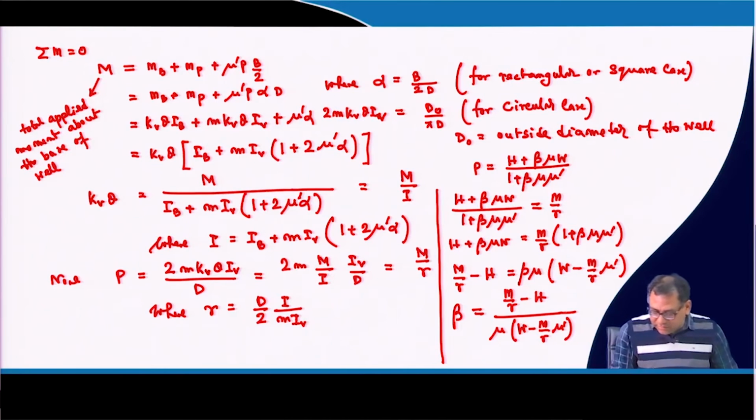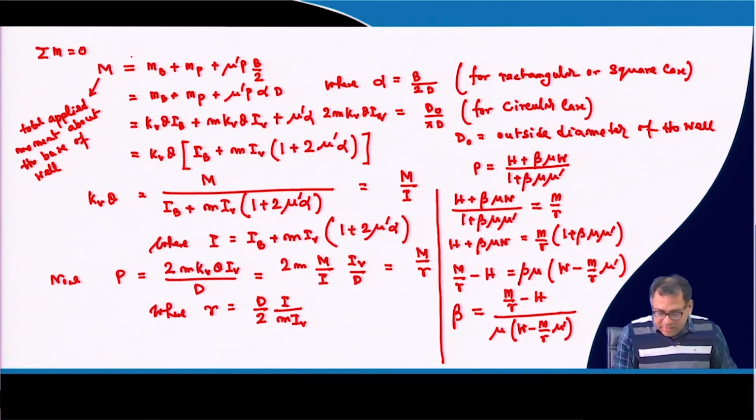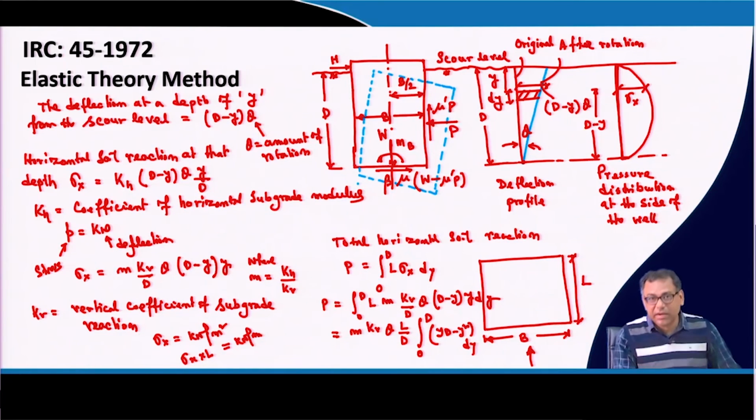Okay, so this is the expression of beta, but this expression is valid only if the beta value is in between this. As I have discussed, we have to give the value of the beta. So, beta is in between plus 1 to minus 1.